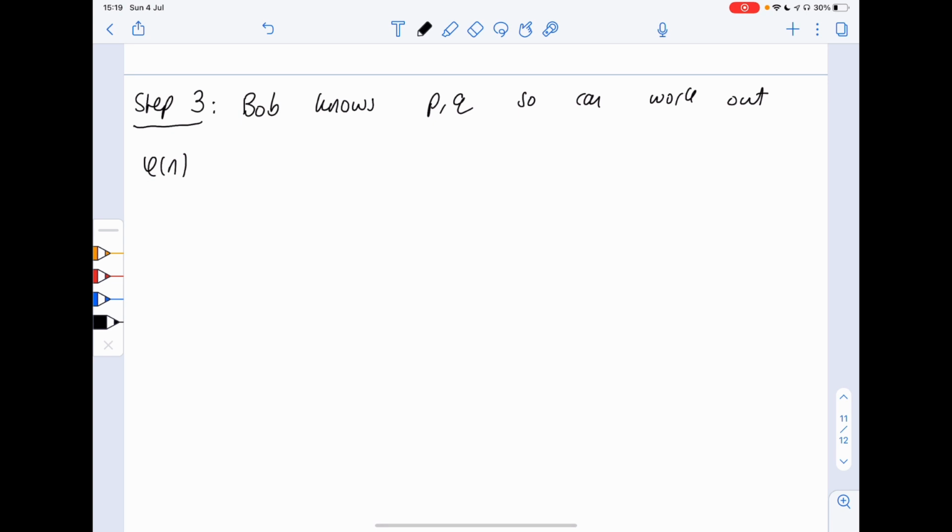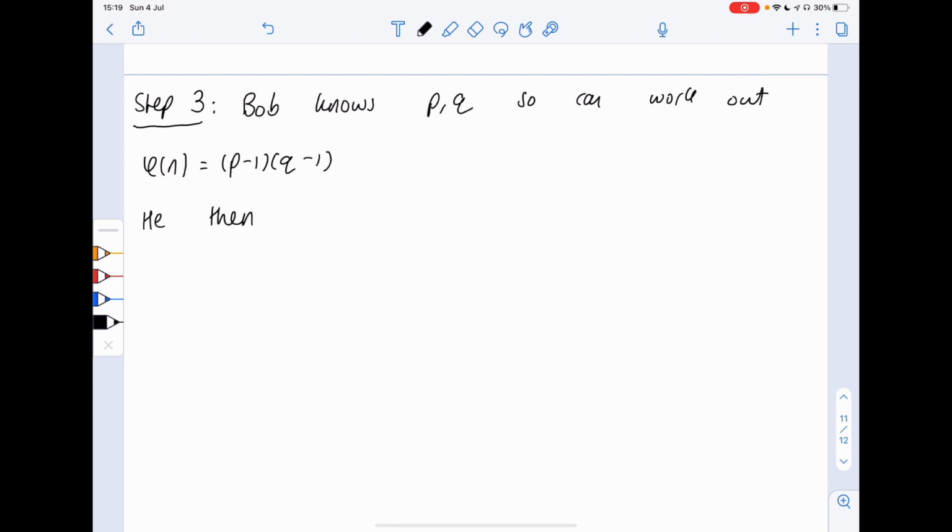And it turns out that phi of N is P minus 1 times Q minus 1. This isn't particularly important though. No one else can work out phi of N though, because no one else knows P and Q. This is a really important fact.